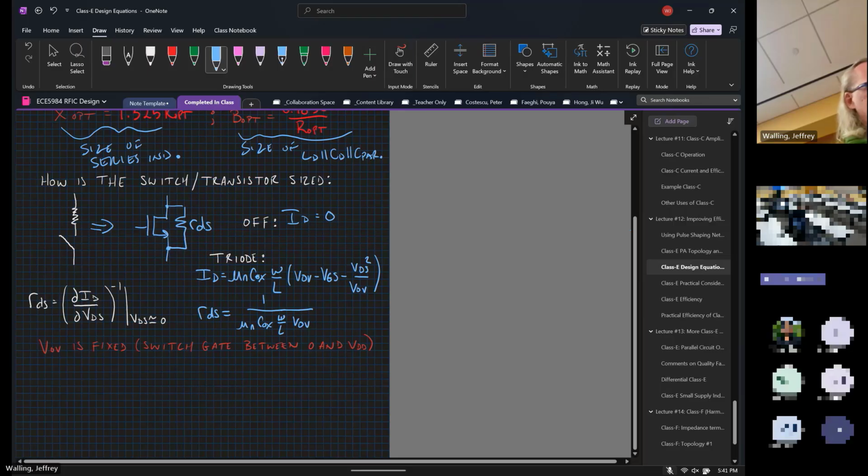So you can show that in a Class E power amplifier, the power dissipated in the resistance of the switch is equal to 8/3 whatever the switching resistance is times P out over VDD squared.